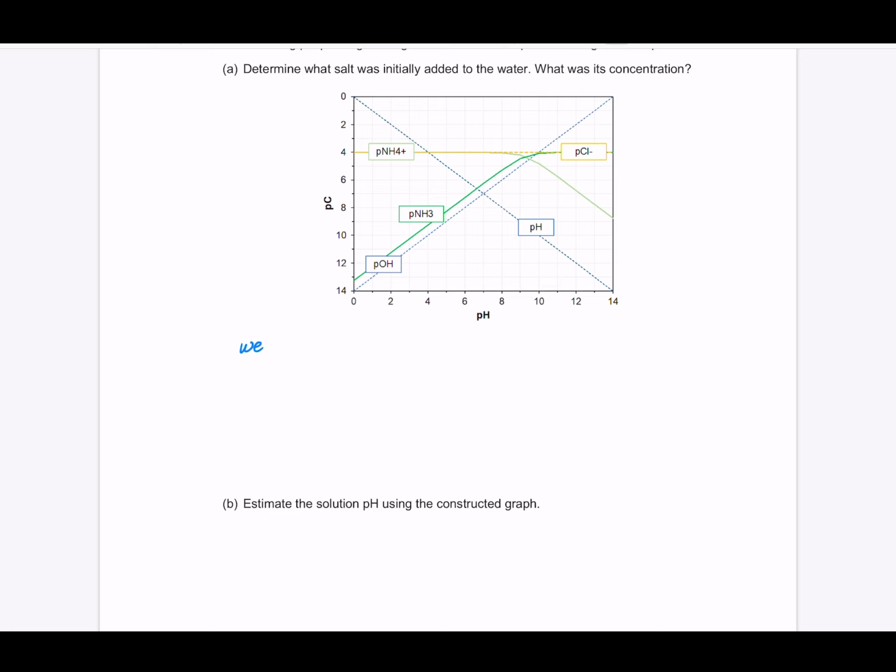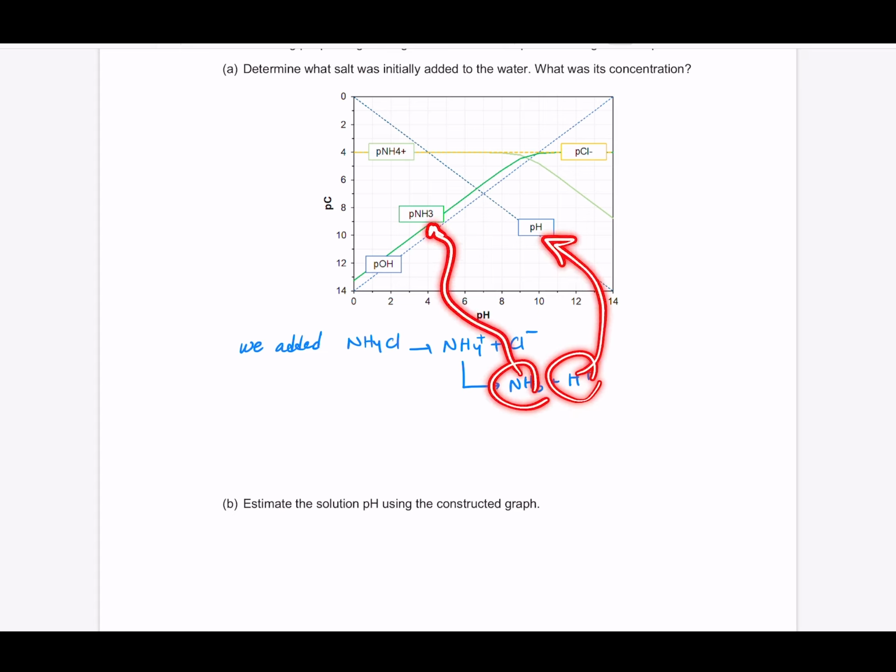So we basically added ammonium chloride, so it turned to ammonium plus Cl minus, and then this was producing ammonia plus H plus. And when you look at it, we have individual lines for each species, ammonium and ammonia. And obviously we have hydroxide.